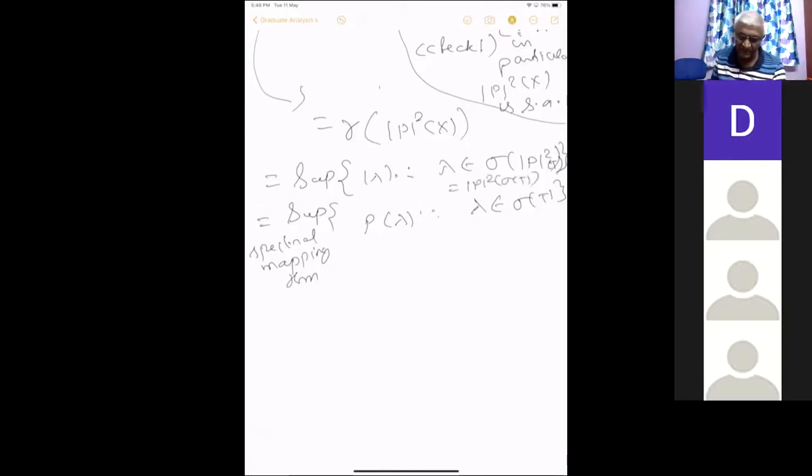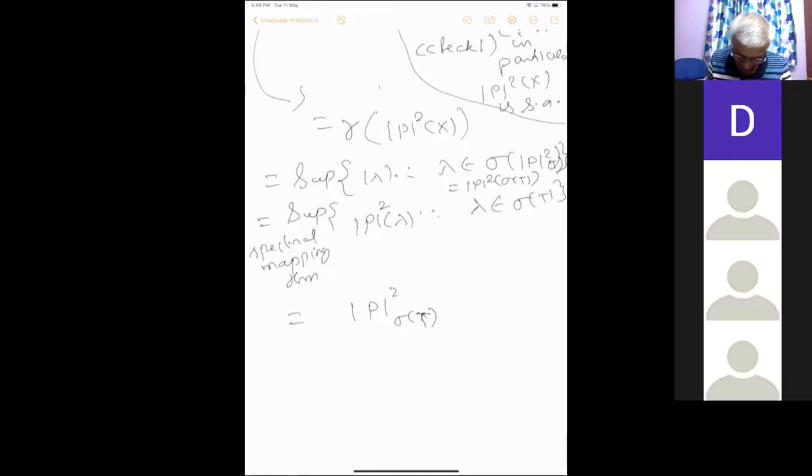This is the same as |p|^2 of lambda, such that this is equal to that. Then that is equal to the norm of |p|^2 over sigma.